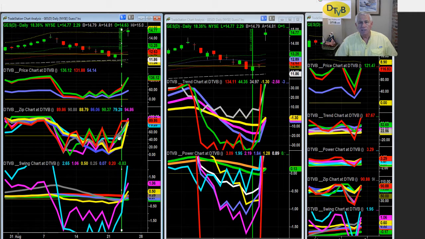And that's why these sensitive indicators give us this information. They just alert us to things that are happening prior to the event occurring. And so there's many different situations that will cause a stagnant candle.